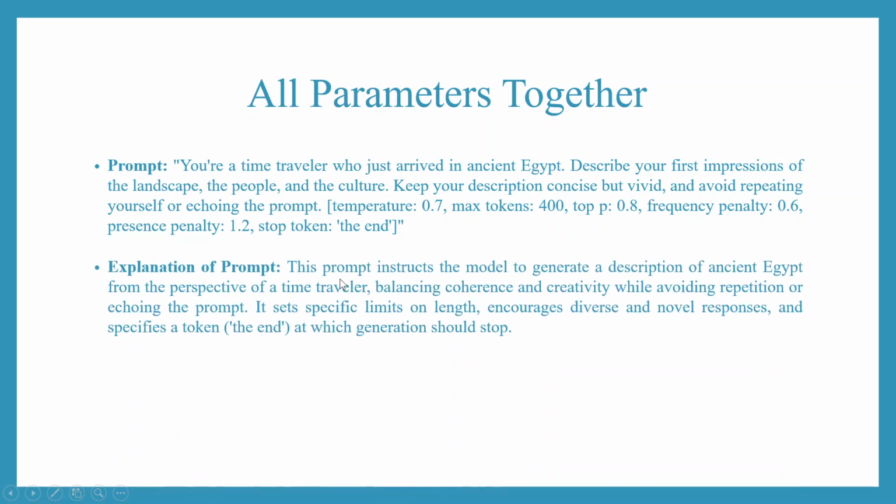Explanation of the prompt: this prompt instructs the model to generate a description of ancient Egypt from the perspective of a time traveler, balancing coherence and creativity while avoiding repetition or echoing the prompt. It sets specific limits on length, encourages diverse and novel responses, and specifies a token, that is the end, at which the generation should stop.